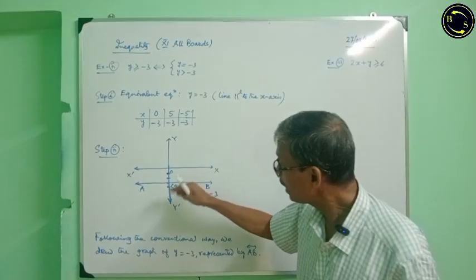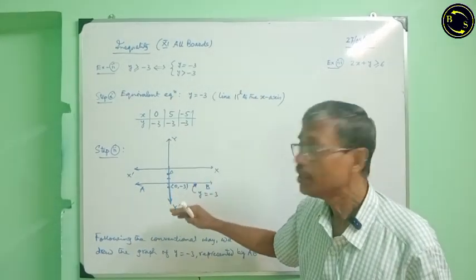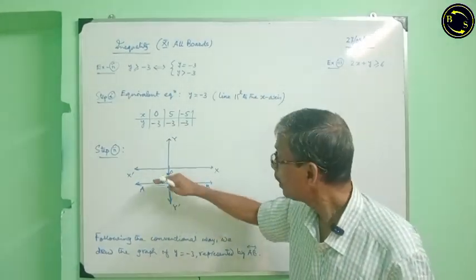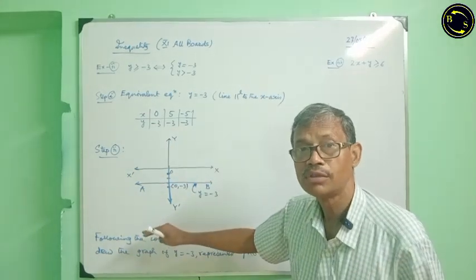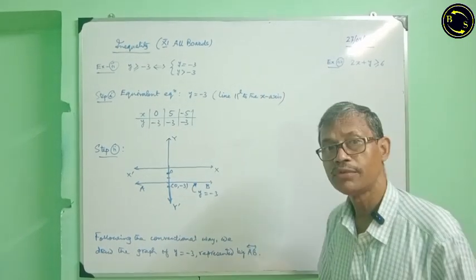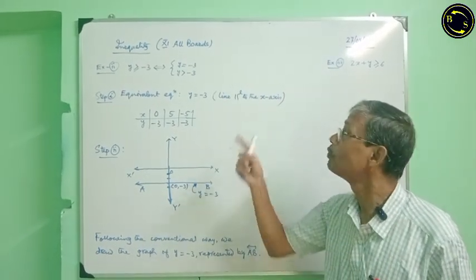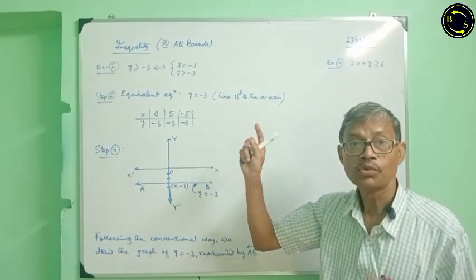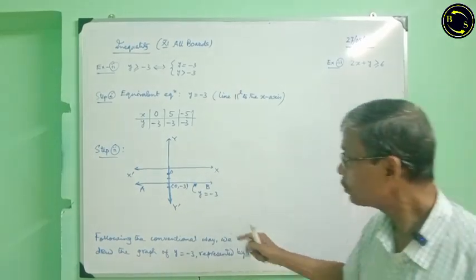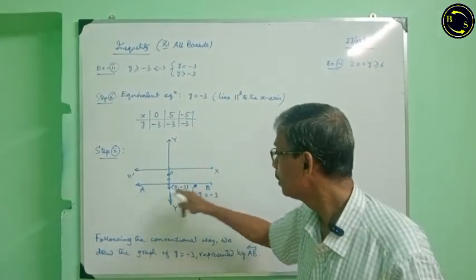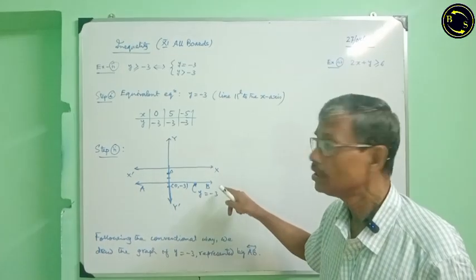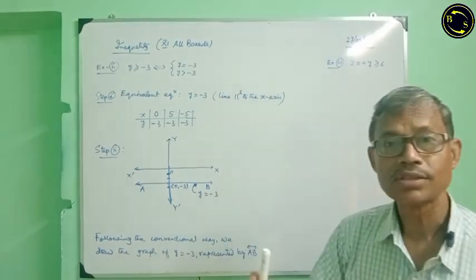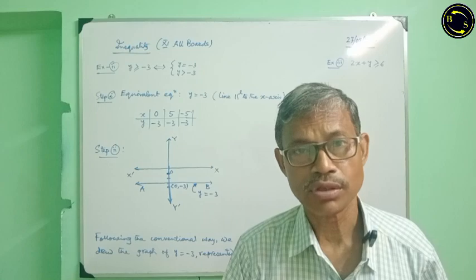Now, AB has divided the whole plane into two halves, upper half and lower half. Now, which half will represent y greater than minus 3? To determine that, first we note that origin is not lying on the straight line AB. Therefore, we consider the coordinates x equal to 0, y equal to 0.